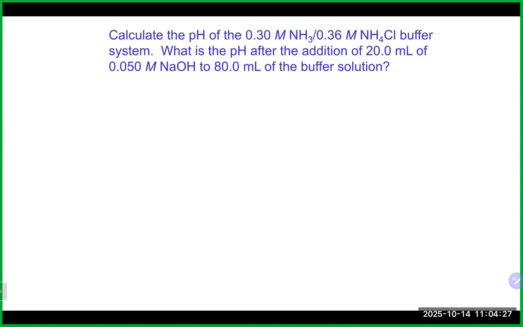In this case, we are not holding volumes constant or anything like that. And let me give you a number that might be helpful here. We'll go with the Ka for NH4 plus is 5.6 times 10 to the minus 10.